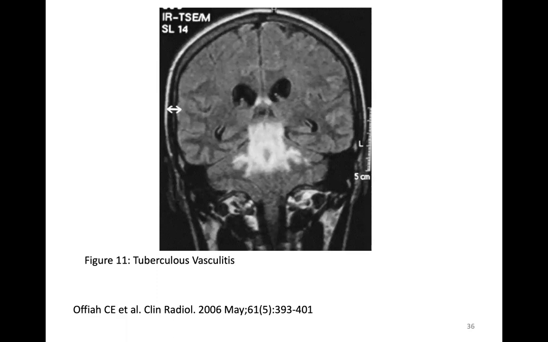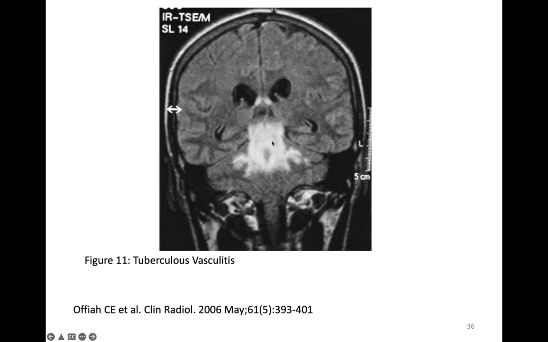Doc, this one says vasculitis. What are some of the key features there? Okay, on this one, it's an MRI, a coronal. What you're seeing there is a FLAIR sequence, fluid attenuated inversion recovery, where you're seeing high signal areas in the cerebellar peduncles.